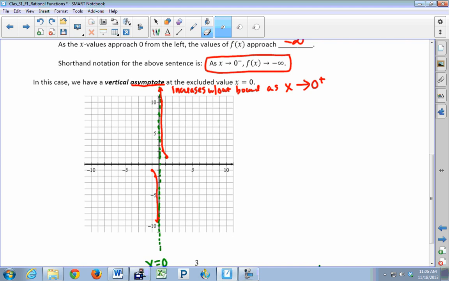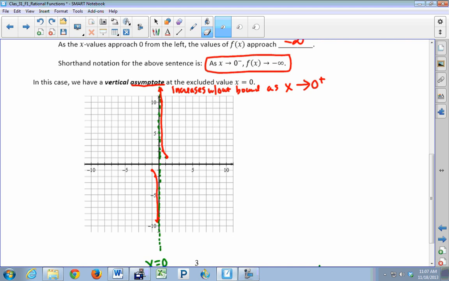Or let's see, can it have no vertical asymptotes? What do you think about that? Does it always have to have at least one vertical asymptote? If you're looking at a division problem, would it always have a value of x that would make the denominator 0? Yeah.